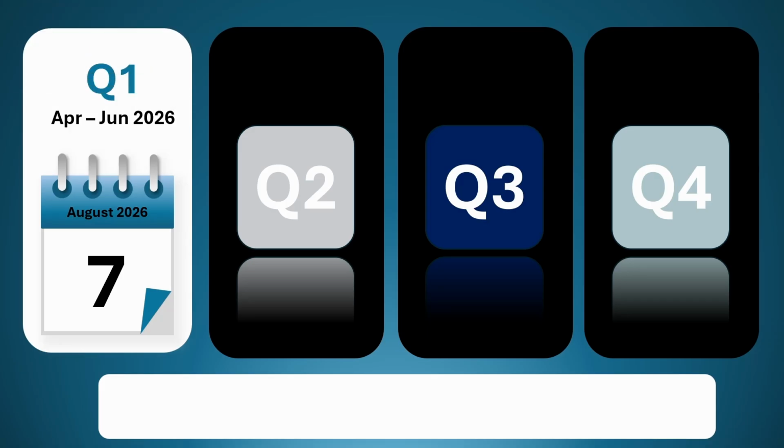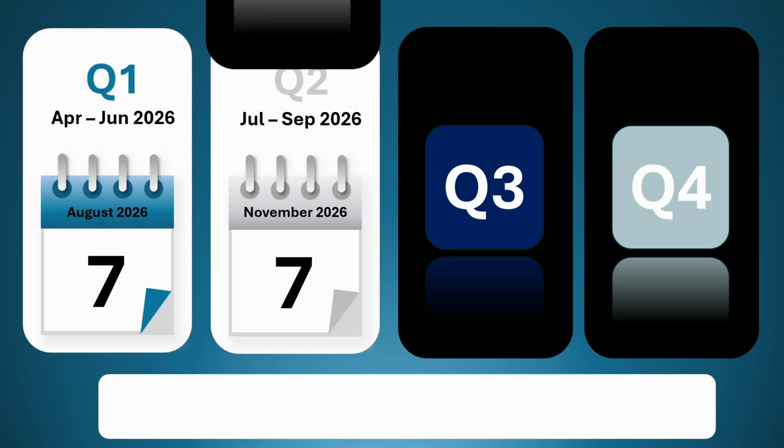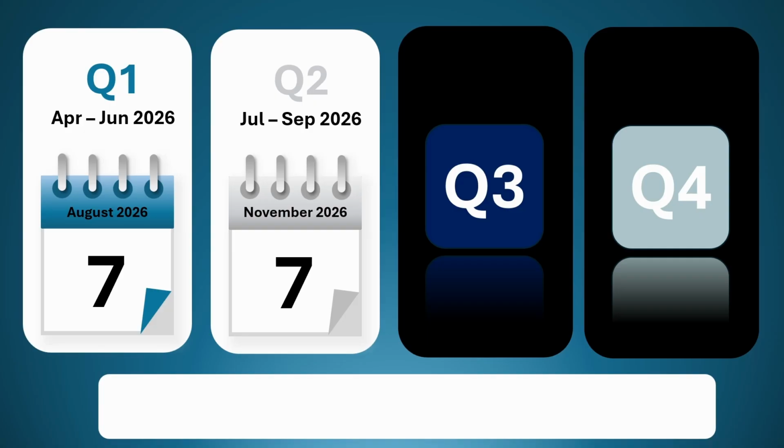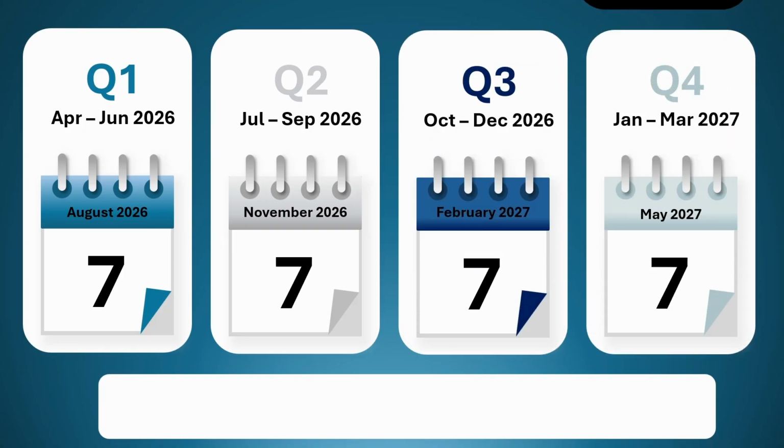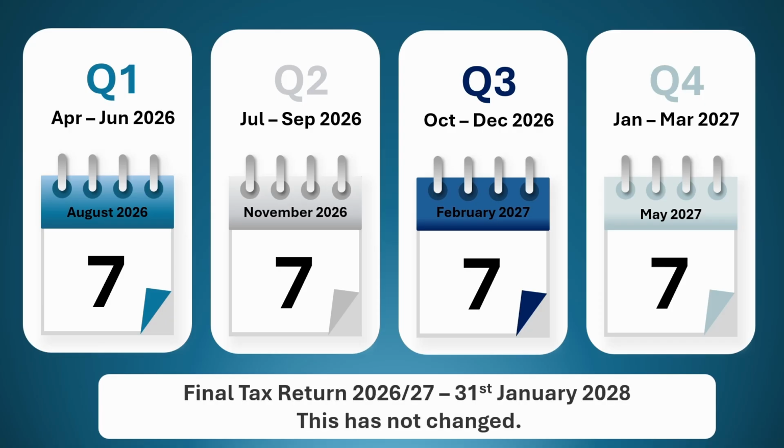The updates need to be submitted within a month and 7 days of each quarter end. The final tax return is due on the 31st of January 2028. This has not changed.